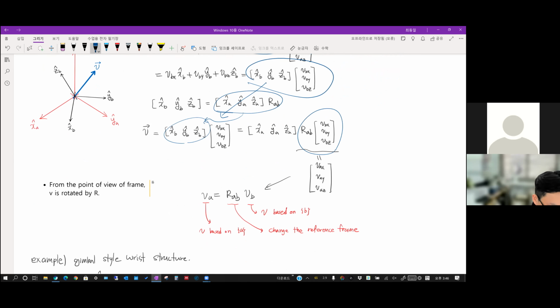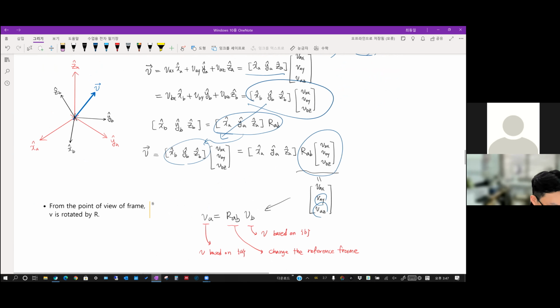And this one is the same as VAX, VAY, VAZ. It means the VA vector here. So we can write it down like this.